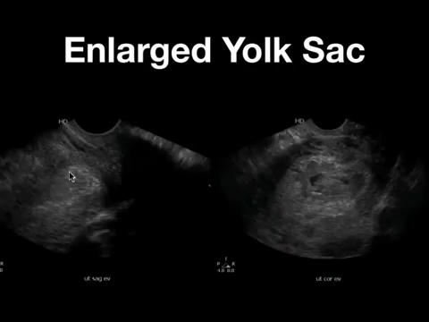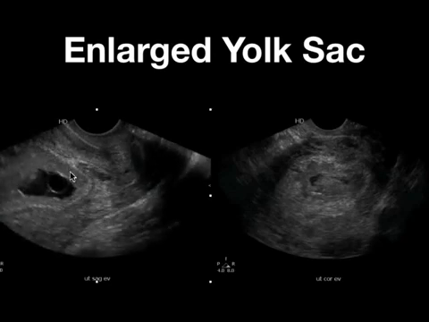Here we've got a patient who also had a pregnancy failure and was in the process of miscarrying. On the sagittal exam here, you can see this is an anteverted uterus. We're down by the lower uterine segment here, and you can see that the patient has a heterogeneous decidual reaction here. The sac has an irregular shape to it, which is not what you would like to see.